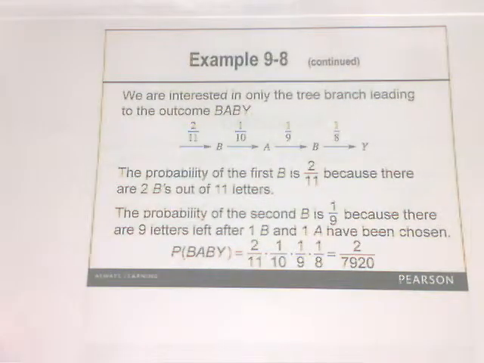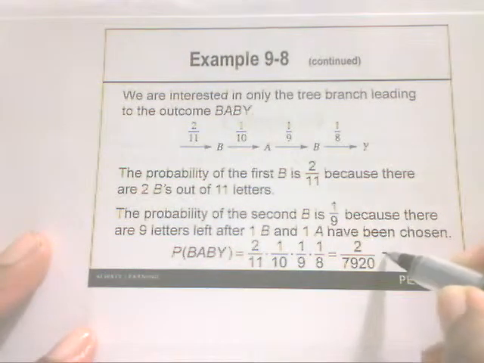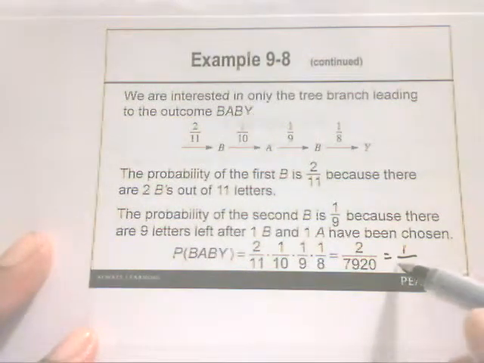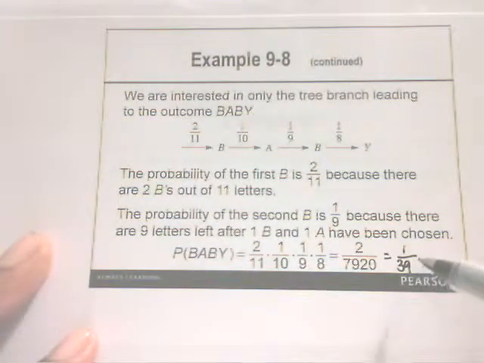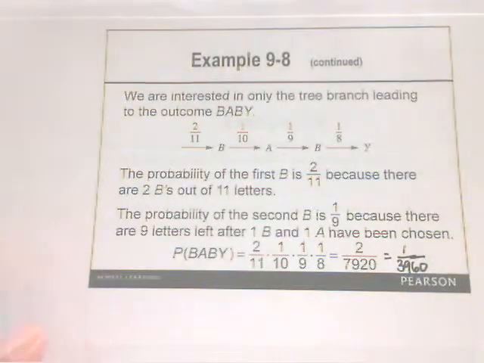Multiply that out, you get 2 over 7,920. And you might want to reduce this to 1 over 3,960.